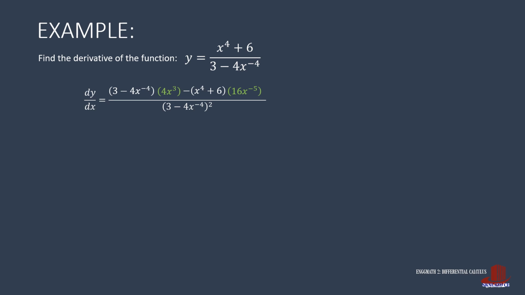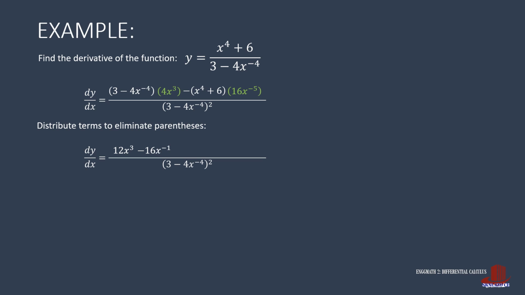With this gone from the function, simplify terms using algebra. First is to distribute factors. Start with 3 times 4x cubed, which is 12x cubed, minus the product of 4x raised to negative 4 times 4x cubed, which is 16x raised to negative 1. Remember that multiplying x raised to negative 4 and x cubed is just adding their exponents.